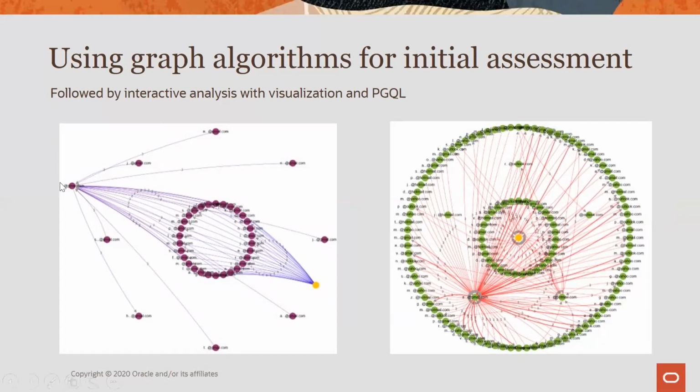So here you can see on the left-hand side an e-wallet which is being used to transfer money to the yellow account on the right-hand side, but the transfer doesn't happen directly, but indirectly through some 50 intermediate accounts. So clearly this shows that there's somebody who wants to hide something.